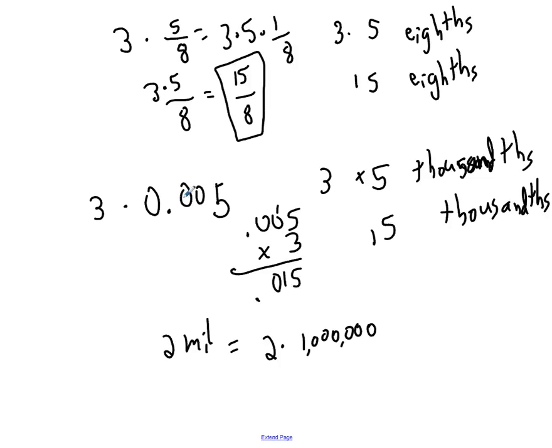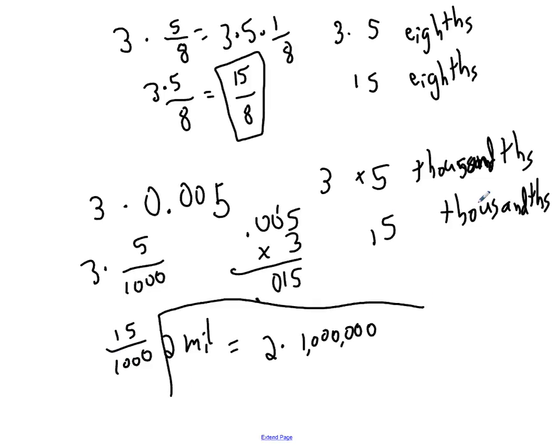This is the tenths place. So I call that 0 tenths, 0 hundredths, 5 thousandths. 3 times 5 thousandths. And now we're back to the realm of fractions. 3 times 5 is 15. I have 15 thousandths. But I don't just want that word, I want it as a decimal.